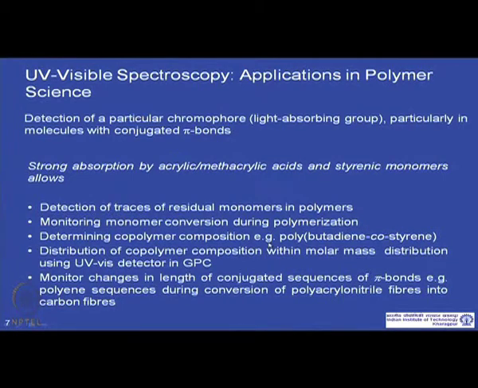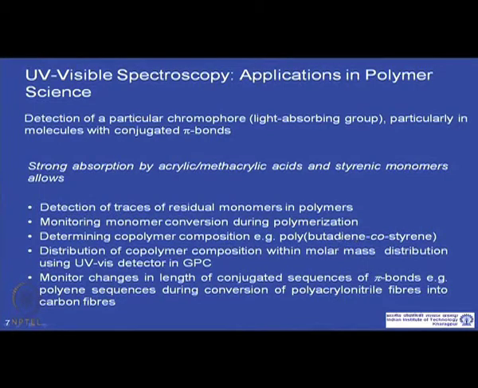In a copolymer, if the two monomers have different UV visible spectra, then we can isolate the polymer from the polymerization medium after the polymerization is over, and get the composition simply by studying the UV visible spectra of the polymer.